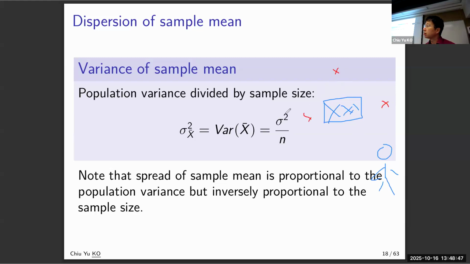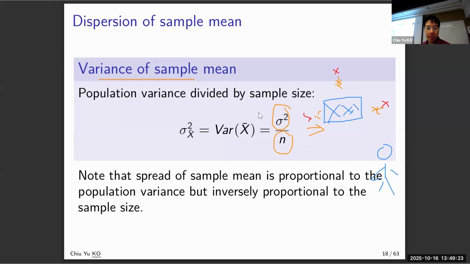If I have a bigger sample, I'm much closer. The variance is more inside. When n increases, it just goes inward. It's still not there, but it's tighter. So the variance is proportional to the original population variance and inversely proportional to the sample size. The more data you have, the more accurate you get.